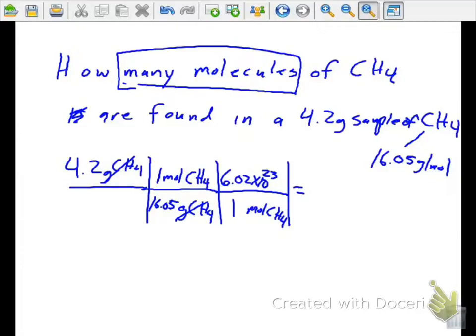And my answer is going to be 1.6 times 10 to the 23rd molecules. So moles cancel, and we're left with molecules.